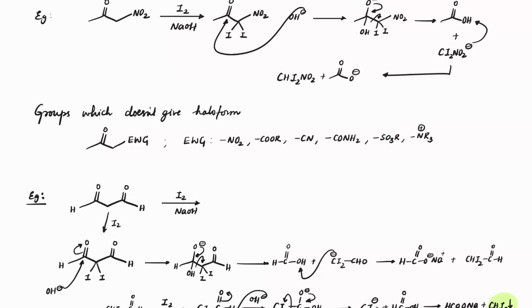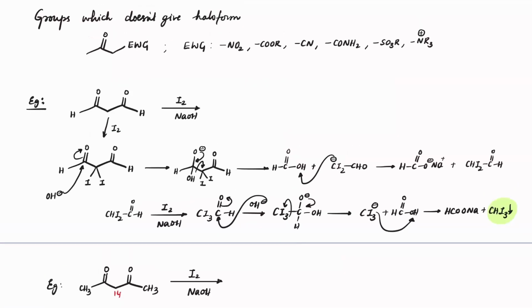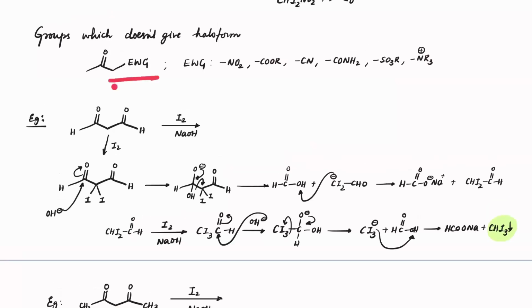If these kinds of withdrawing groups are present, they would make the halogen first forcefully come to this position. Even though there is a methyl here, the halogens do not go there. Clear? In such cases, no reaction will take place.